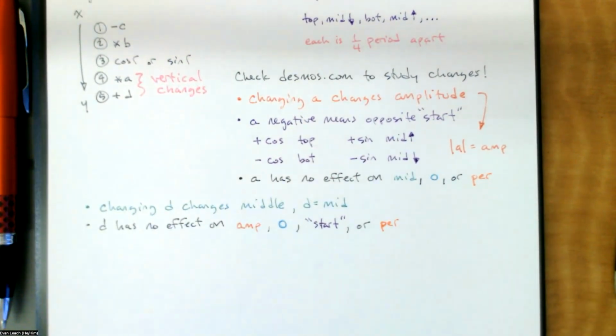When we placed operations after the trig function, we produced vertical changes in the graph. So A and D are operations that took place after the trig function, and they produce vertical changes in the graph.